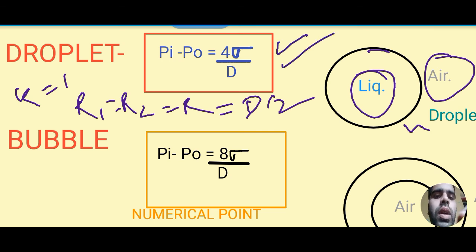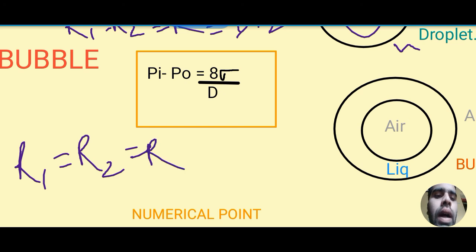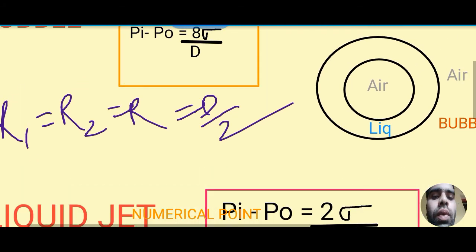Just remember, for a droplet, the inside pressure minus the outside pressure will be 4 sigma by D. In case of a bubble, here you can find two types of radius, but the thickness of the bubble is very low, so we can again consider R1 equal to R2 equal to R equal to D by 2. But here the value of K will be 2.